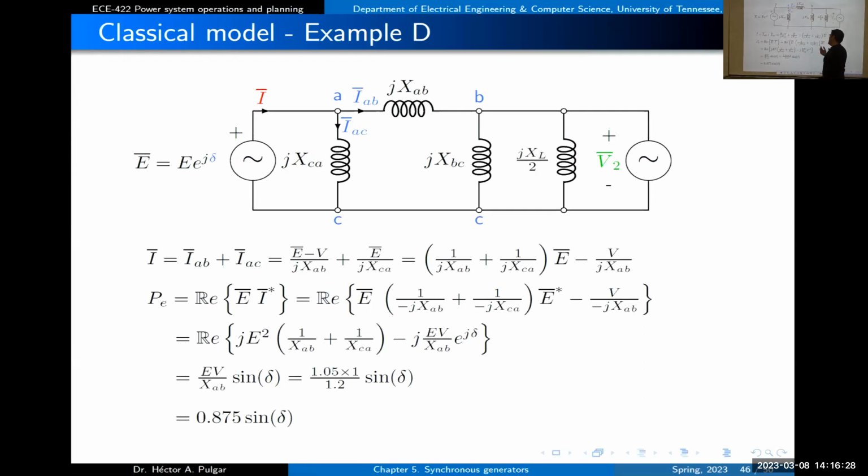We replace that here, and then we can factorize by E. If we do that, you get this expression. We can take this term that depends on voltage B from the infinite bus and put it right there. That's the current. Now, we need to calculate the electrical power, which is E times the current conjugate, this expression conjugate.